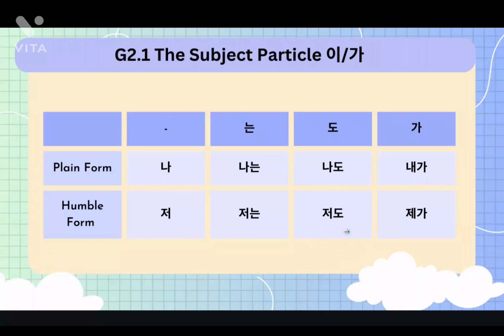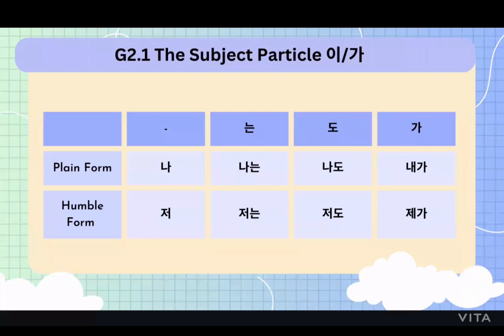자, we already learned in our lesson 1 the equational expression 은 는 and also 도, 그렇죠? So it is everything the same way, plain form and humble form. After 나 and 저 you can just put 는 or 도. But the subject particle 이 or 가 is different.